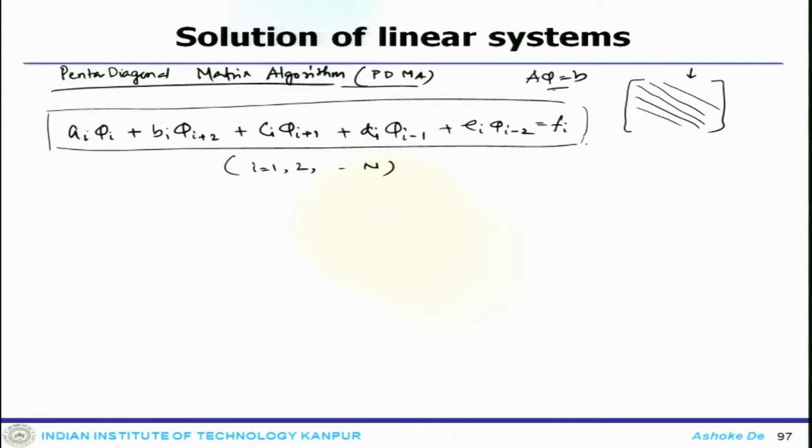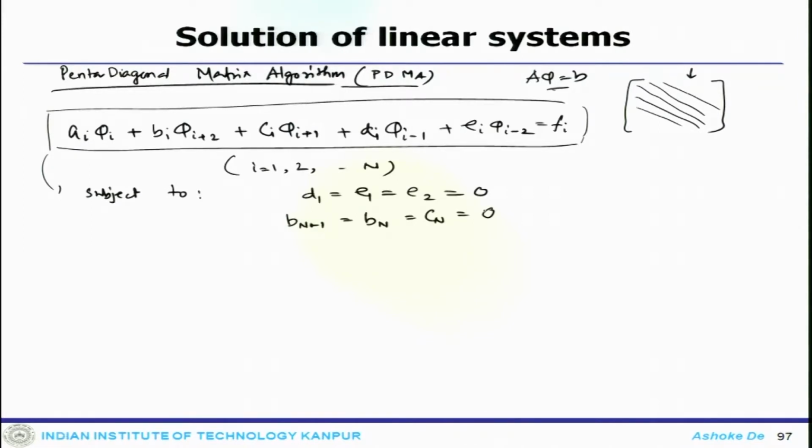This is called the 5-point stencil, and this particular one is subjected to D_1 equals E_1 equals E_2 equals 0, and B_(n-1) equals B_n equals C_n equals also 0.